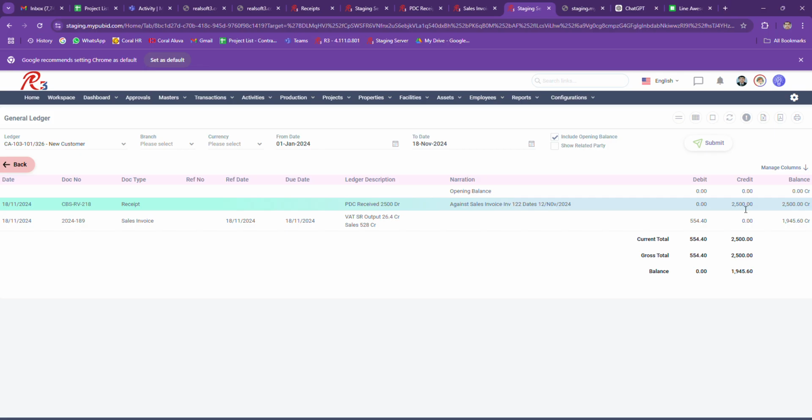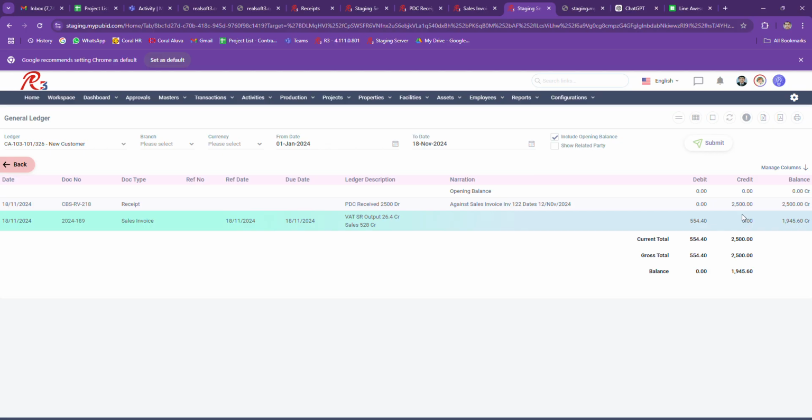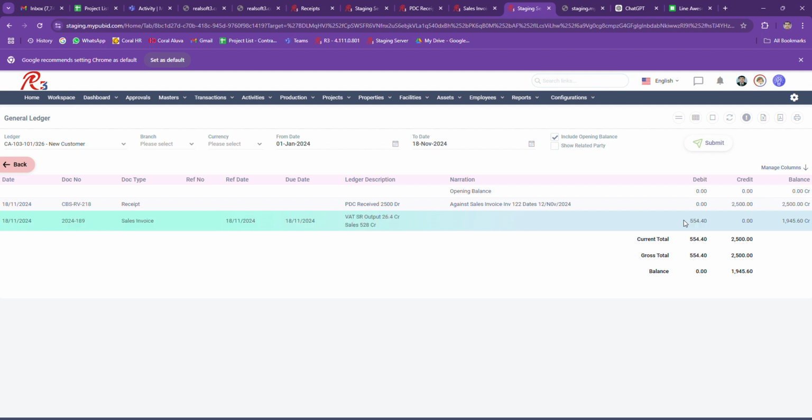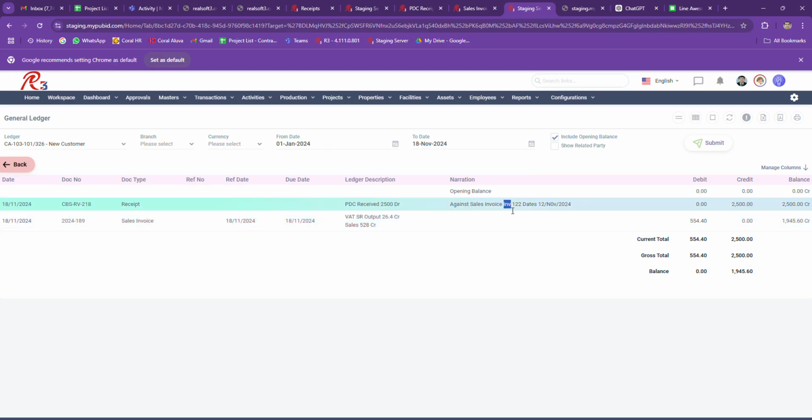So see, there are only two entries we posted. One is a receipt and another one is a sale. The receipt is 2,500 and the sale is 554. Did you see this? So you can see this one, and this is the PDC received on 2,500.